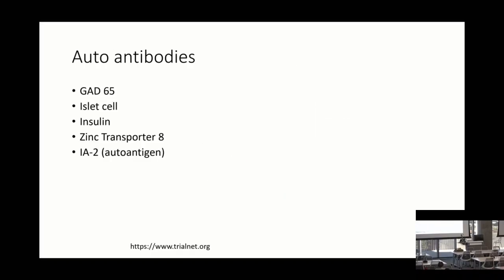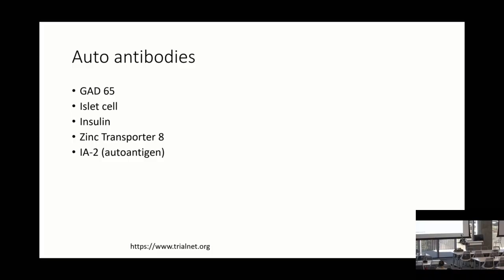And then these are the antibodies. In clinical practice, these are the antibodies we test for type 1 diabetes. So if a patient comes in the hospital, for example, and they have hyperglycemia, and they get discharged and they come to the clinic for the first time after the initial diagnosis, okay? Then we sometimes screen them for antibodies, okay?